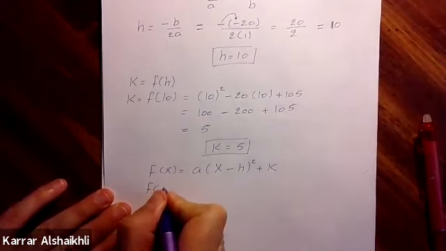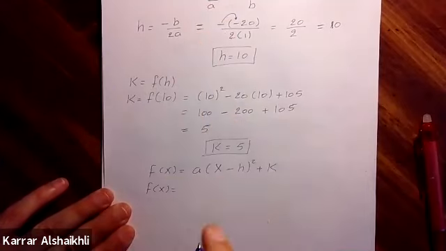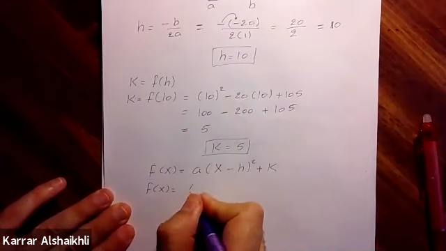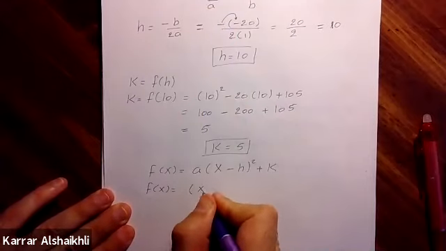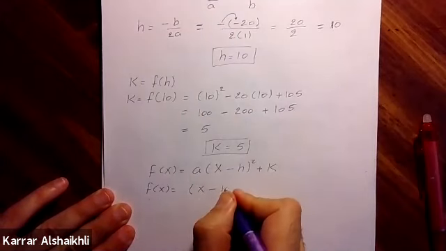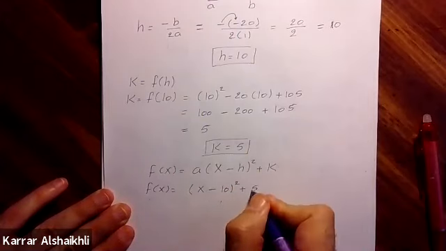So f of x is going to be equal to a, which is 1, so I don't have to write down the 1, times (x minus h, which is 10) squared, plus k, which is 5.